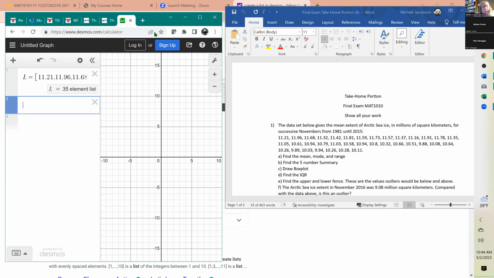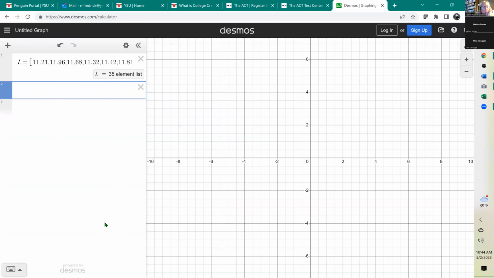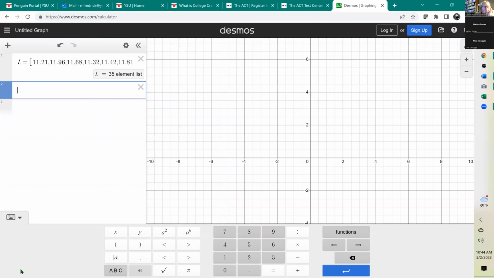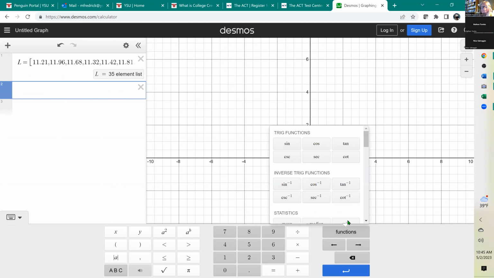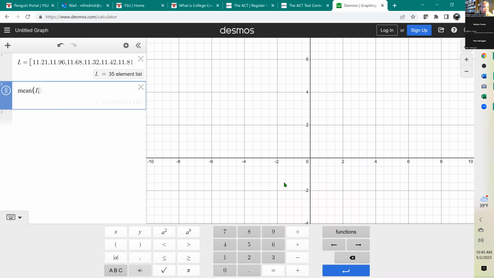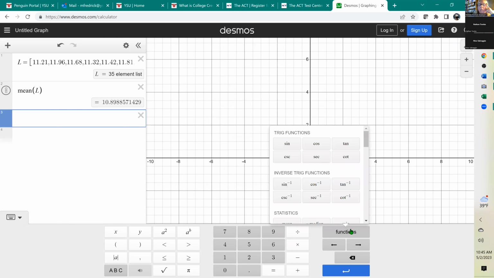And then what do we need? Mean, mode, and range. And there's your mean. I don't know if it'll organize them for you.